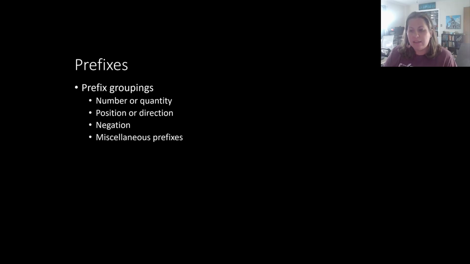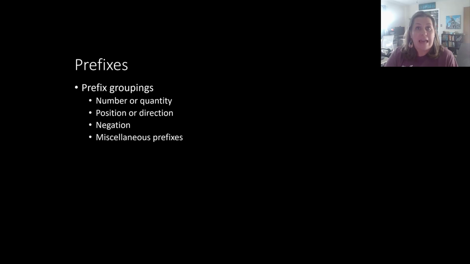When we talk about miscellaneous prefixes, these are things like micro, which we talked about last chapter, meaning small, like with microbiology. We also have brady, which is for slow, so bradypnea or bradycardia. Bradypnea is slow breathing. Bradycardia is slow heart rate. Anytime you have dys, that's going to be bad or difficult. So dysphagia is difficult swallowing, and dysuria is difficult to urinate.